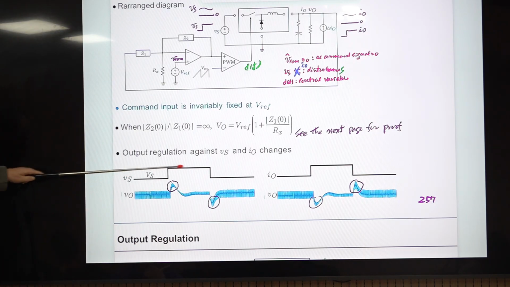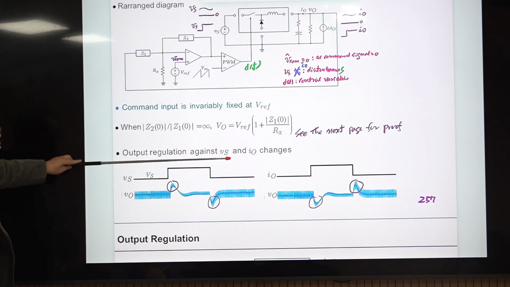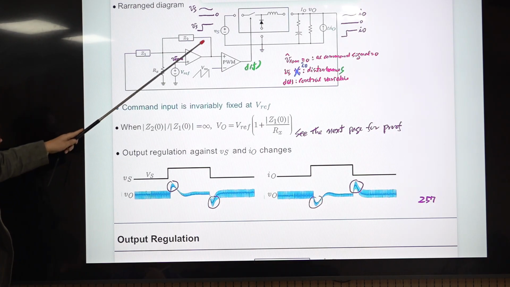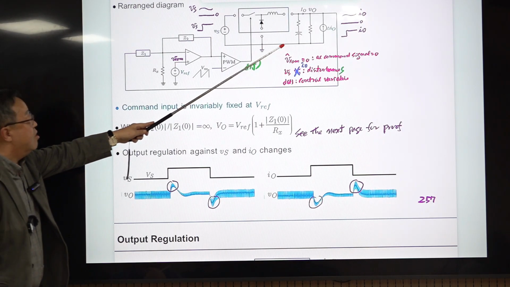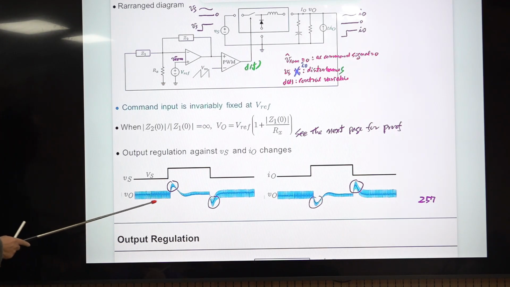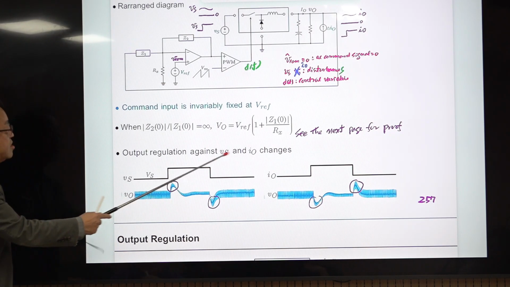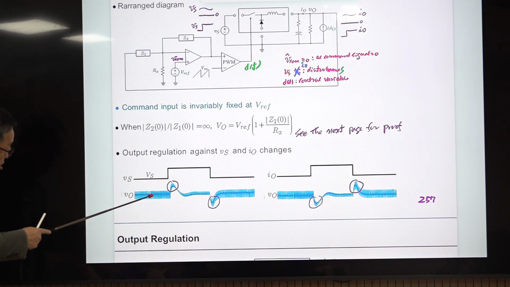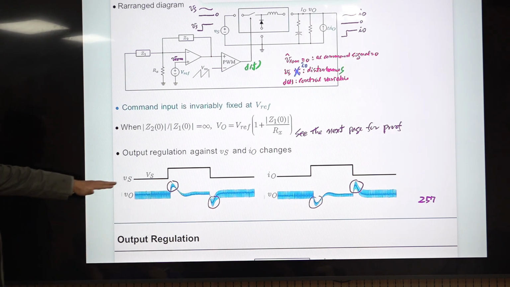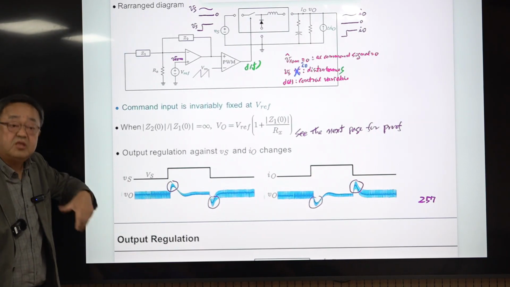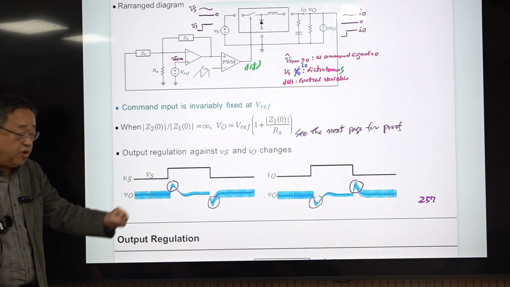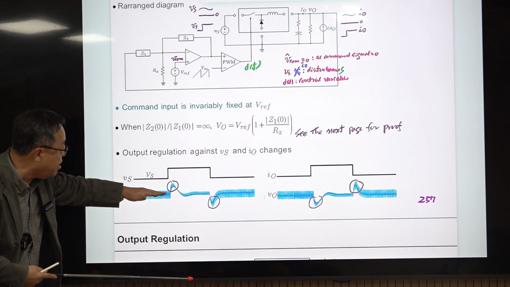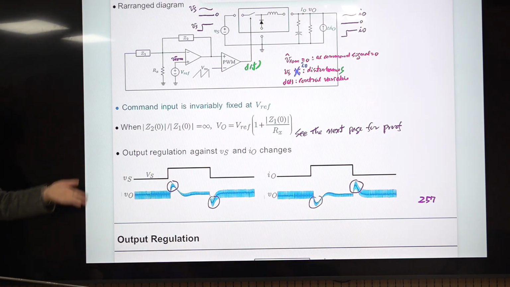All right. So this shows the output regulation against the input voltage change and load current change in step fashion. VS is increased like this, decreased like this. Then our voltage will experience the transitional overshoot and undershoot because the incoming energy is increased suddenly. So temporarily it goes above this line, but it comes back because of the feedback mechanism.